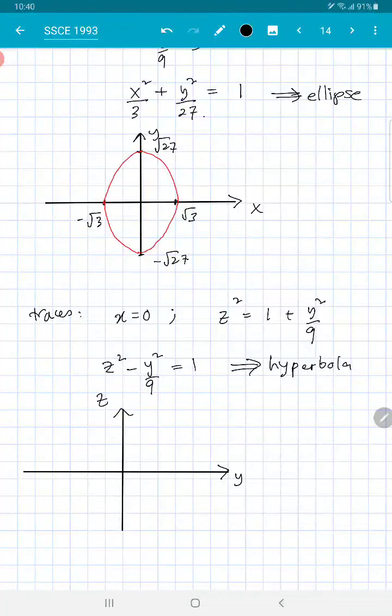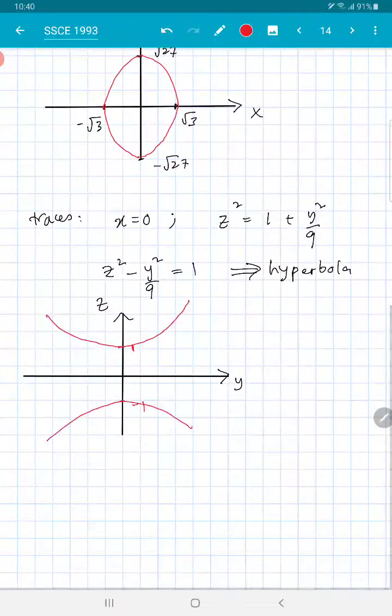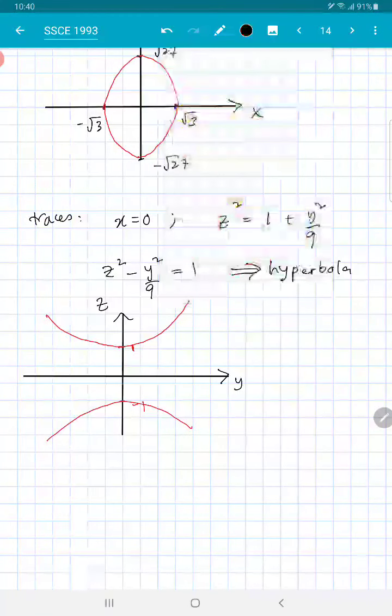So our hyperbola opens along the z axis. So here we have 1, and here we have negative 1, sorry. So it opens along the z axis, like so. Alright, so it's a hyperbola. So that would be the view from the front, and we need another view which is from the side.